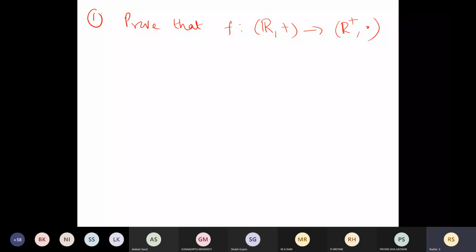R is the real numbers, so here the group is the set of all real numbers under addition. Here the group, which I have underlined, is the set of all positive real numbers, not all real numbers, only positive values, with respect to dot. Dot means the usual multiplication.